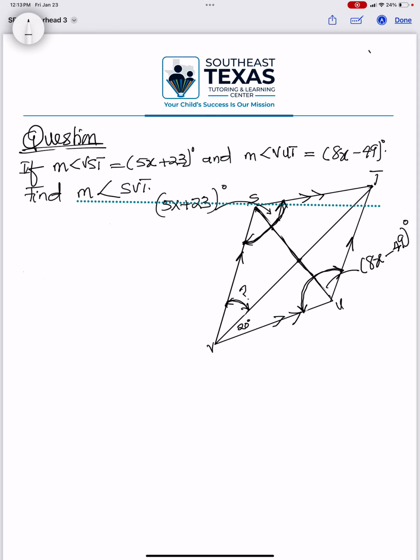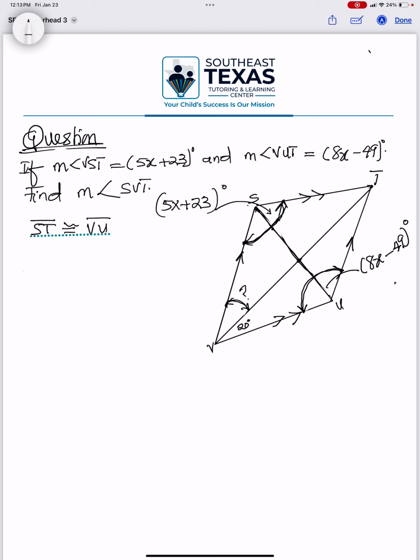So now we go to the properties of what? Of a parallelogram. What did it say? It states that the length of ST is congruent to the length of what? Of VU.